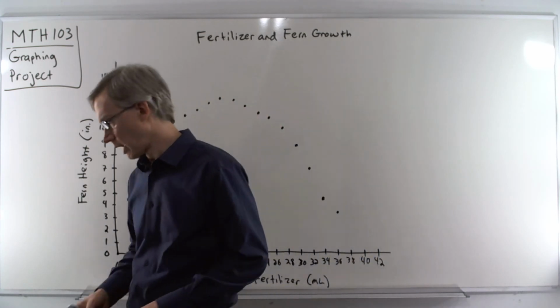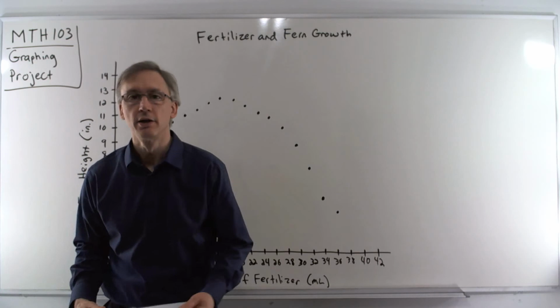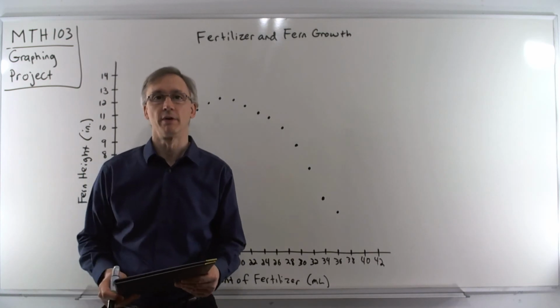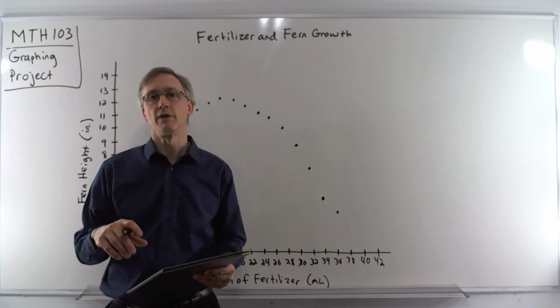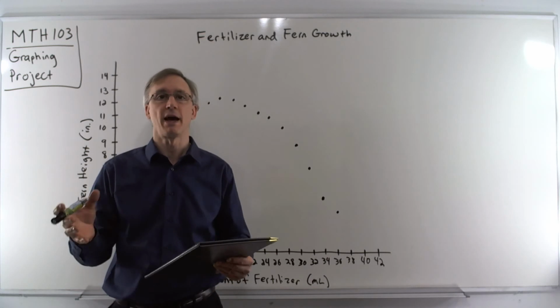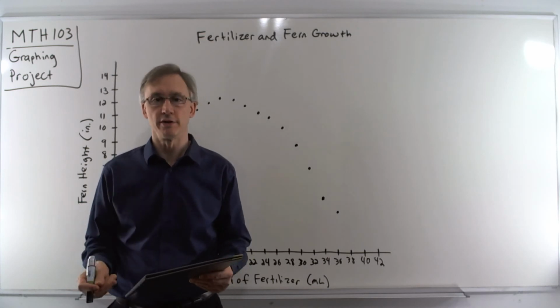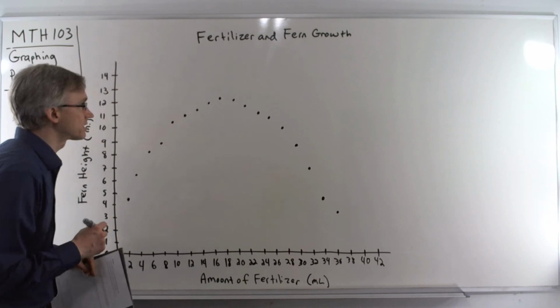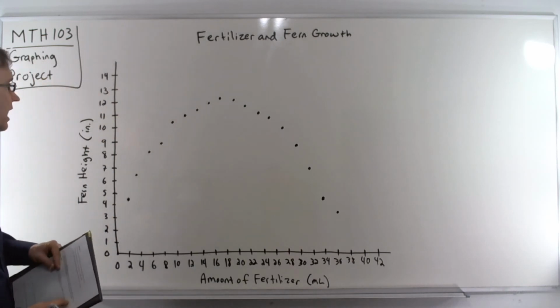Now in this one, with some of the data sets, we're going to be asked to find a maximum point. If you have a data set that doesn't have a maximum, then you're just given a point to use. But this data set, for the example, does have a maximum.